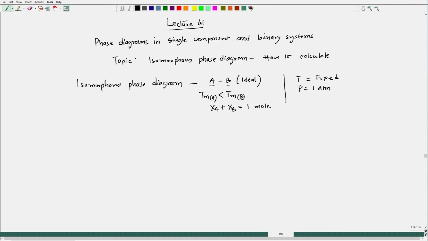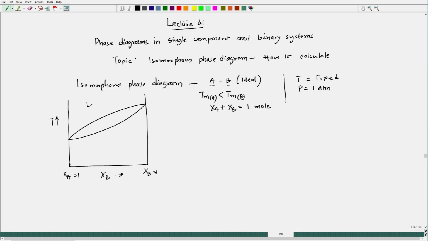and the solution would be a random mixture of A and B, and we have seen the diagram on a temperature composition plot. This is temperature and this is Xb. This side is pure B, which is Xb equal to 1, this side is pure A, Xa equal to 1, two extreme sides, and we have seen the diagram looks like this.